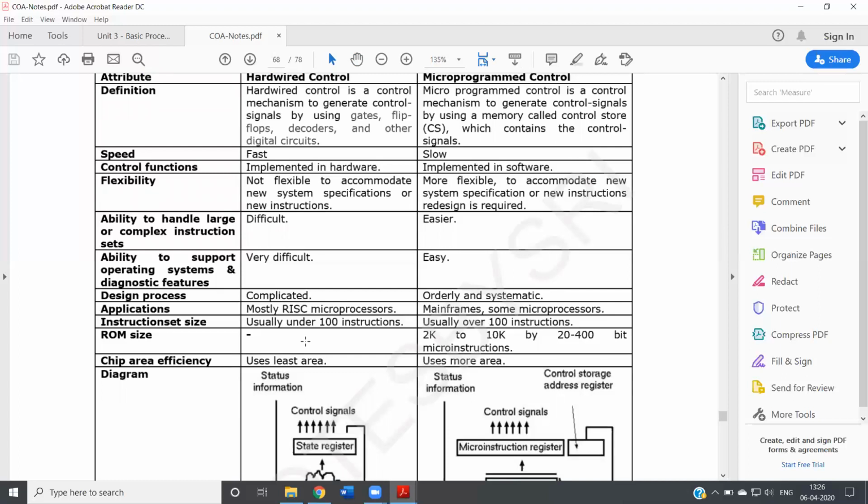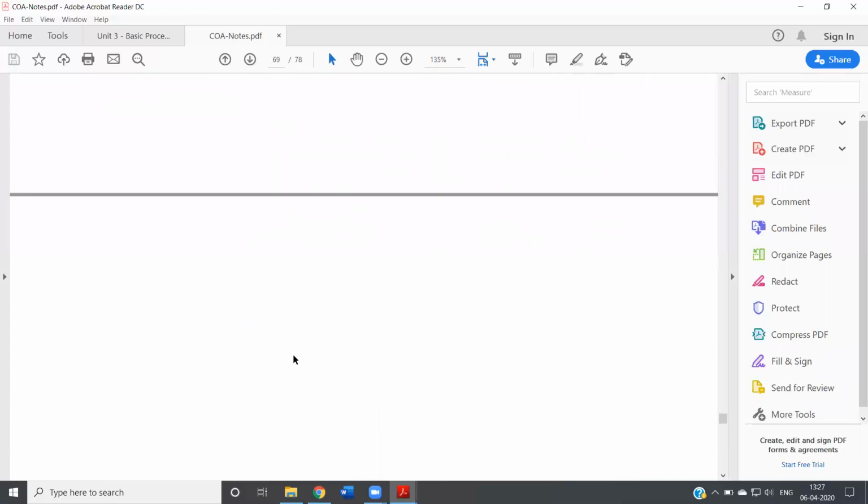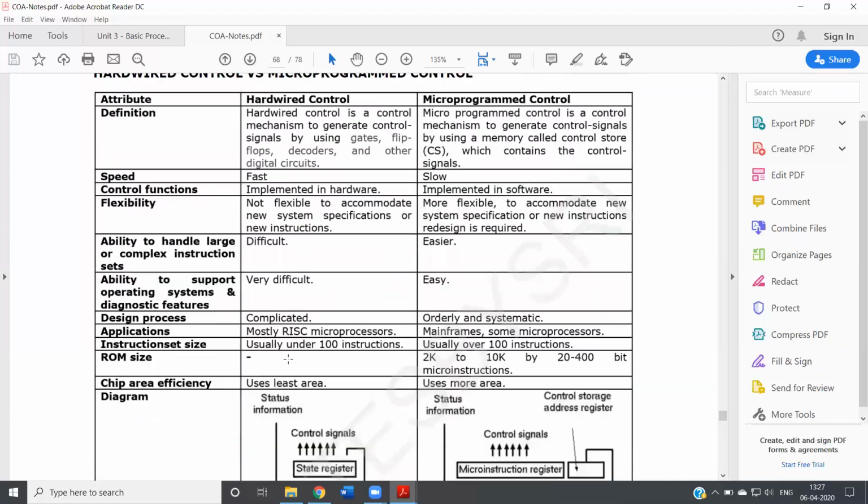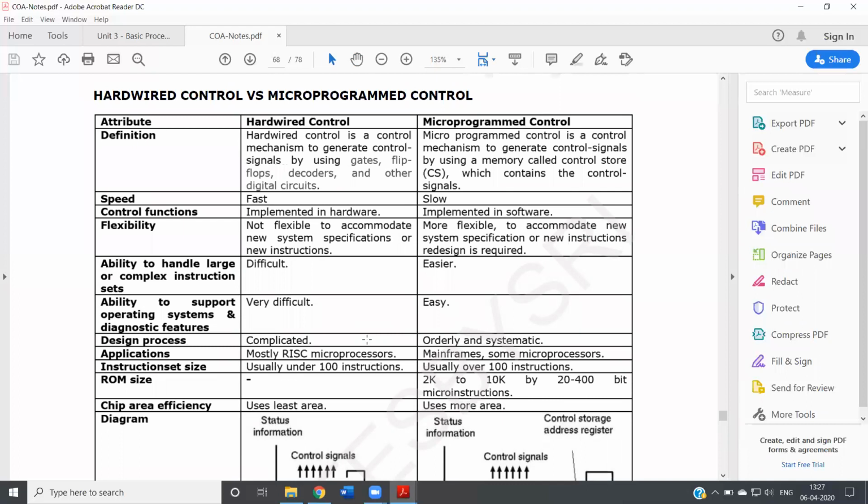Instruction set size is usually under 100 instructions for hardware control, and above 100 instructions for microprogram control. So this is all for today's discussion of hardware control and microprogram control, the design of the control unit.